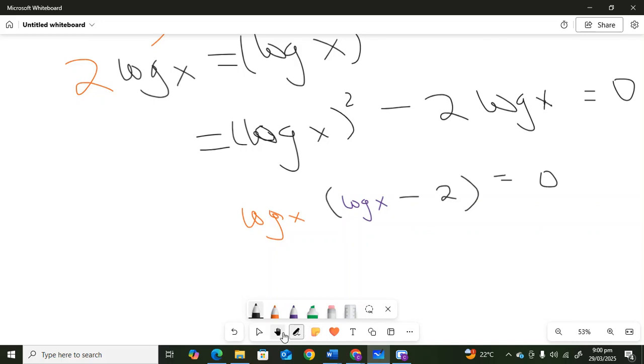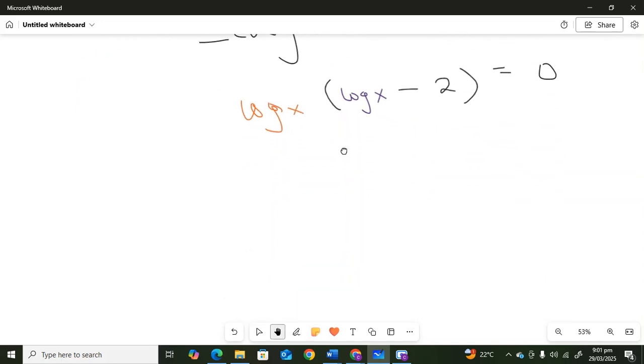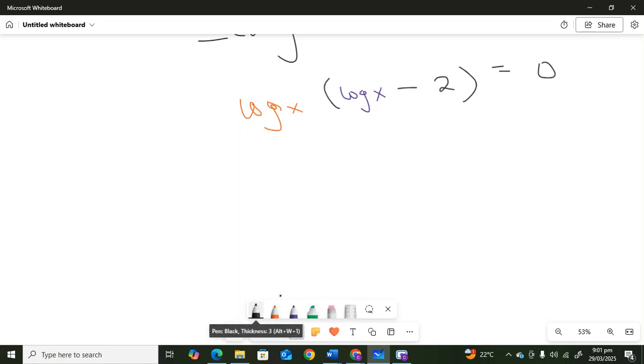So here we can set up 2 equations. The first equation is log x equals 0, and the second one, log x minus 2 equals 0. Remember, here we want to find the value of x.